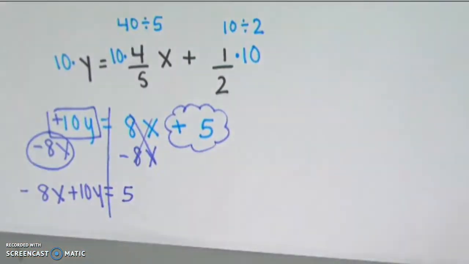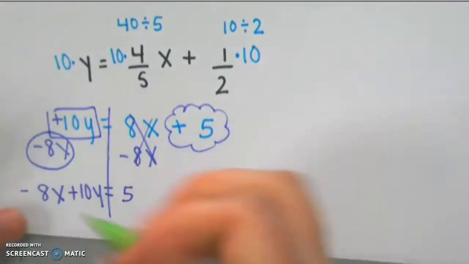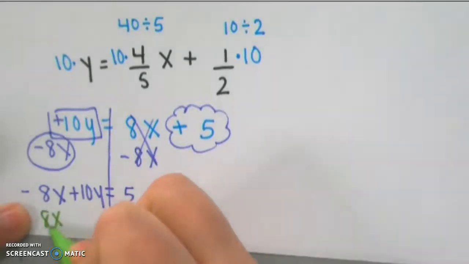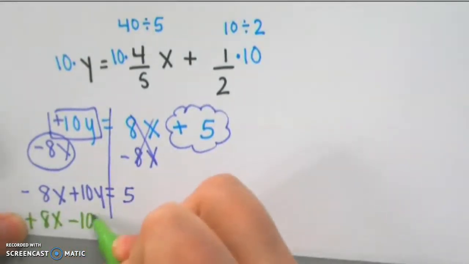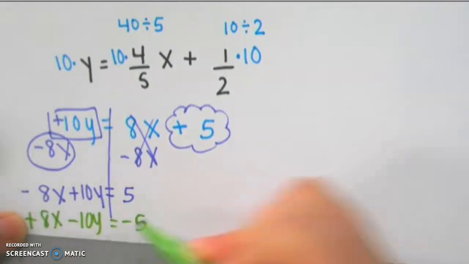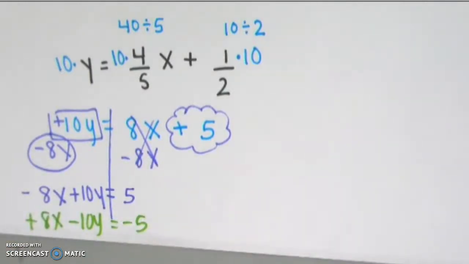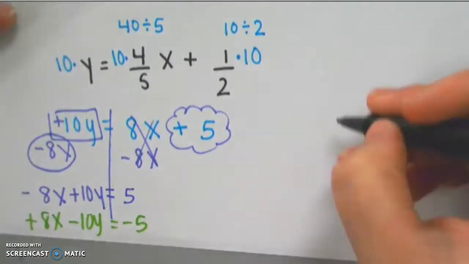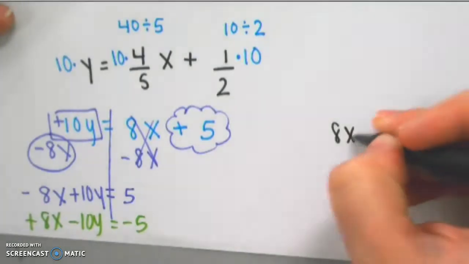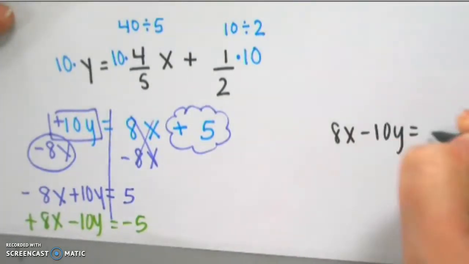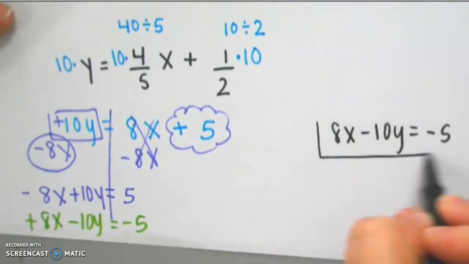And I do have to change all of my signs because I'm not allowed to start with a negative. So that has to change to a positive 8x, a negative 10y, and a negative 5. So my final answer, 8x minus 10y equals negative 5.